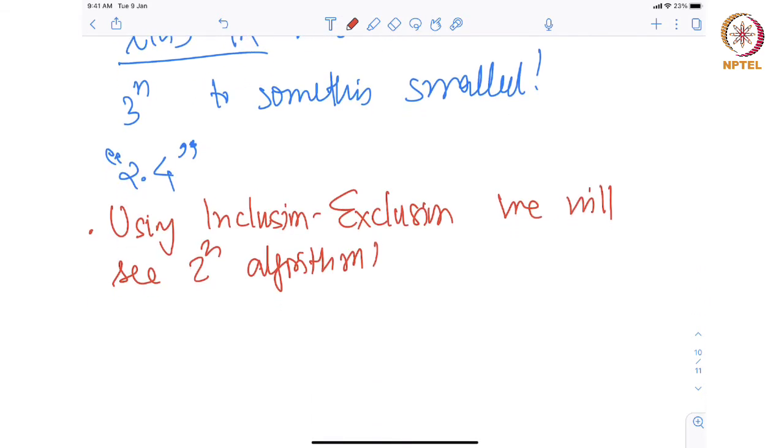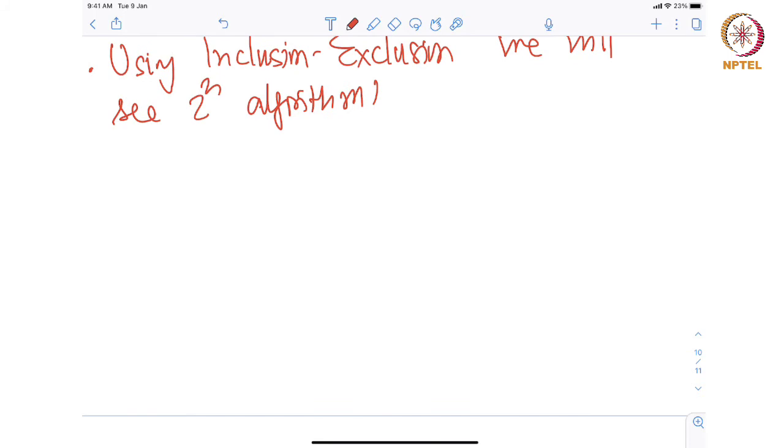So now let's go back to our coloring perspective. What is a coloring? Let's look at any color assignment.